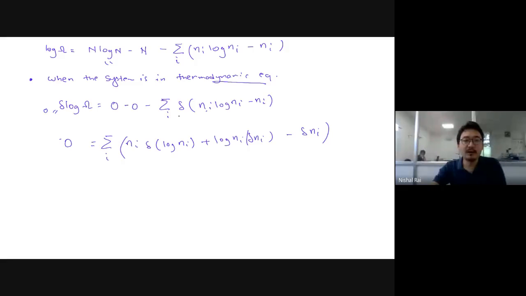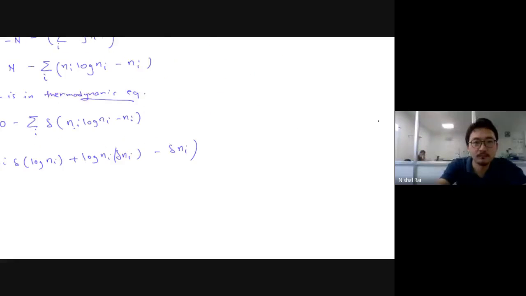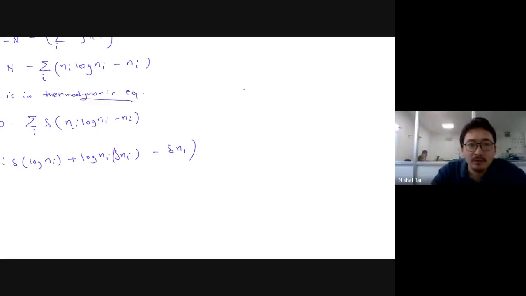I'll just elaborate this step once more. You can think of this as a variation with respect to n, let's say. n is just a quantity which this whole thing depends on. Delta of ni log of ni, this we are finding. We can write delta by delta n, with respect to anything it could be actually.